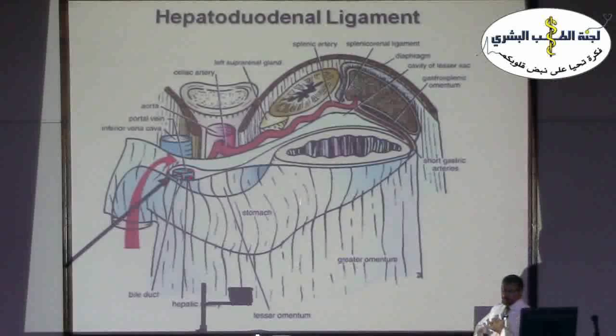So whether you say the portal triad, the hepatoduodenal ligament, or the free edge of the lesser omentum, they all have the same meaning. The free edge of the lesser omentum, the part of peritoneum going from the stomach towards the liver, is this one. The portal triad is these 3 structures going within the free edge of the lesser omentum, and the hepatoduodenal ligament is the free edge of the lesser omentum itself. They all have the same meaning, the same structure: hepatoduodenal ligament, free edge of lesser omentum, equals portal triad inside.